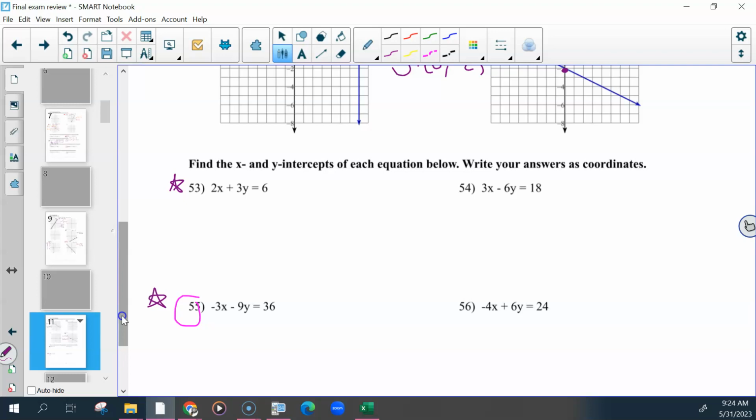If I'm solving for the y-intercept, I'm going to put 0 in for x. The 2 times 0 is just going to become 0, so I don't need to bring that part down. It's going to disappear. And then I'm just solving for y.